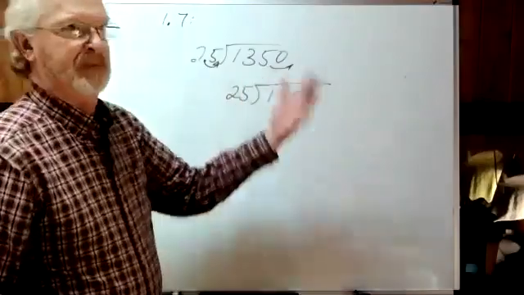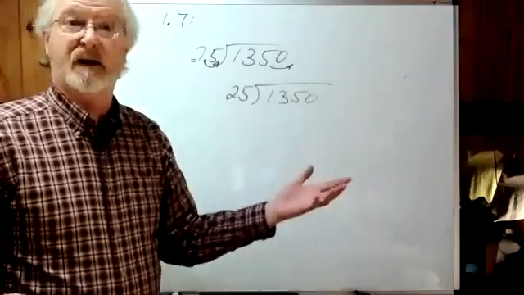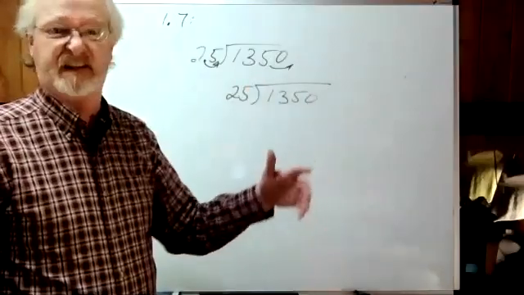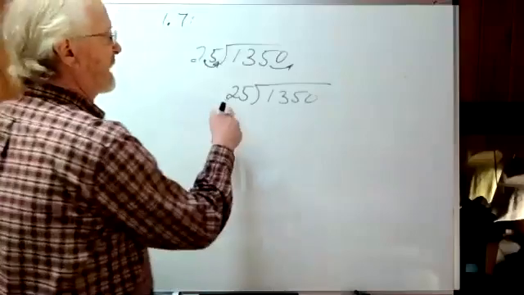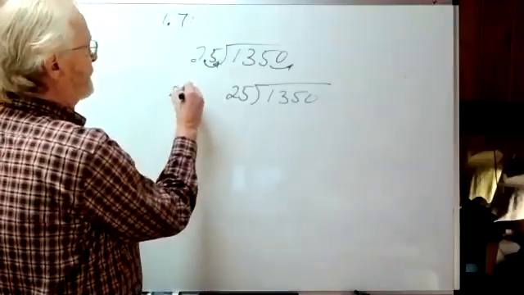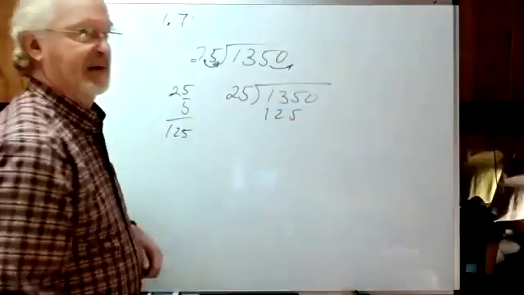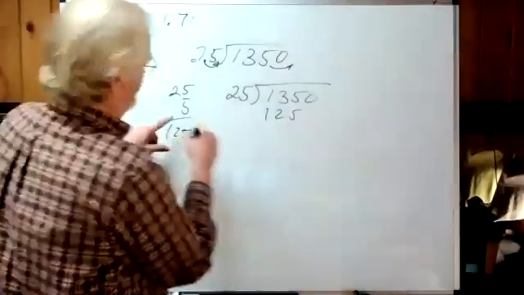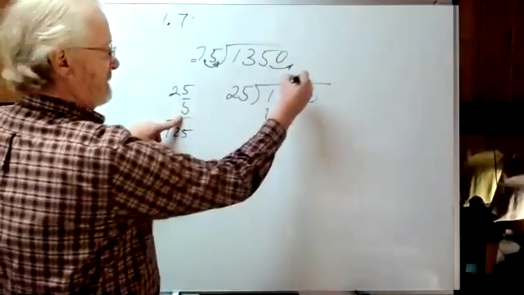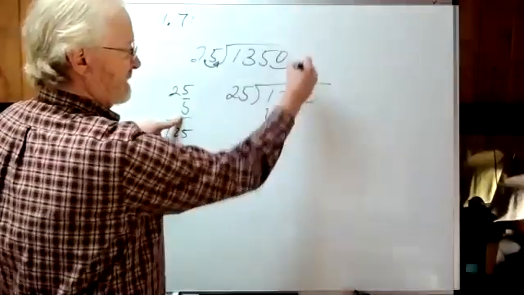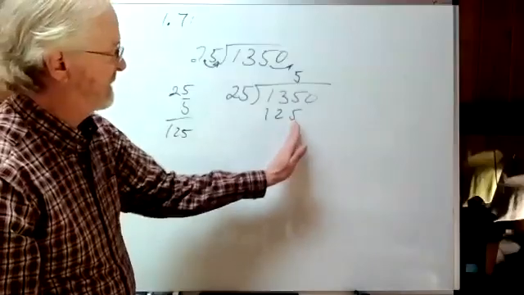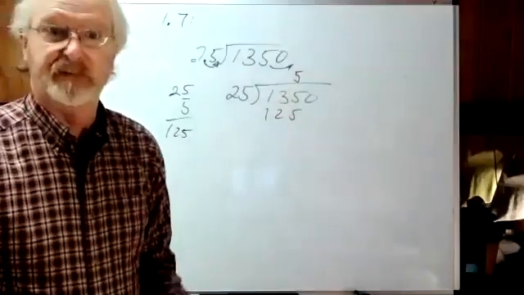Well, 4 of them gets me 100, 5 of them gets me 125, 6 would be too big. So 5 times 25 gets me 125, and I line it up just like that. And the 5 that I multiply by, I put it right above that column where I ended, and that's the beginning digit in my answer.